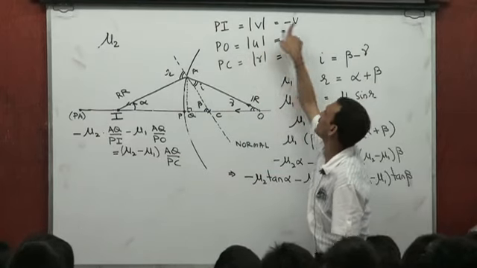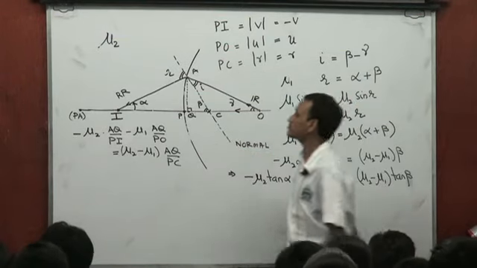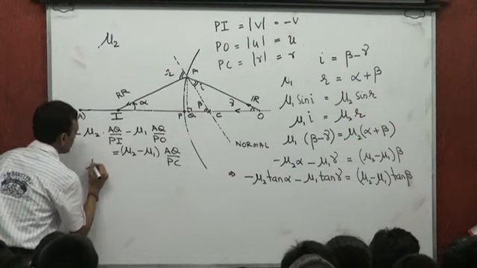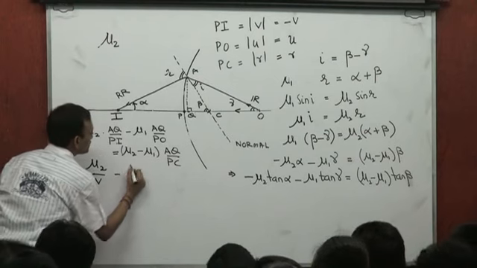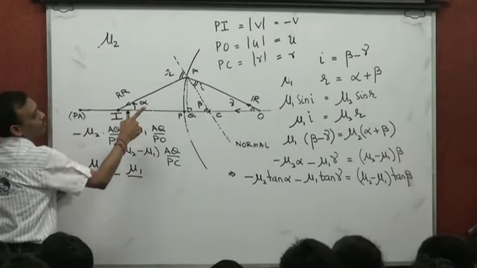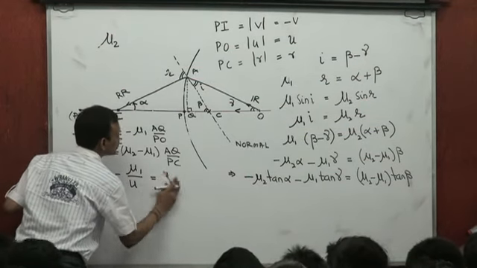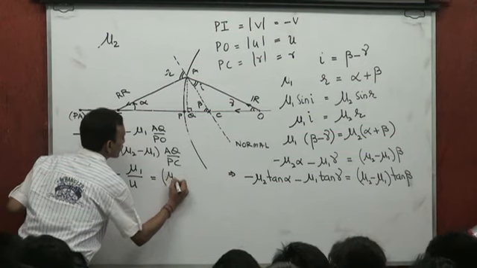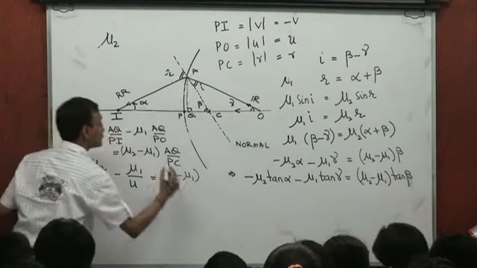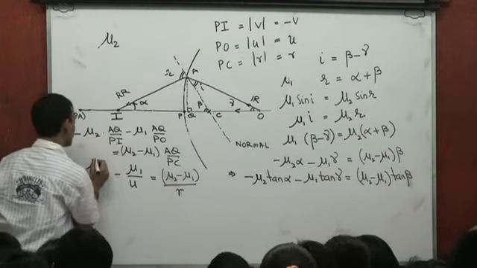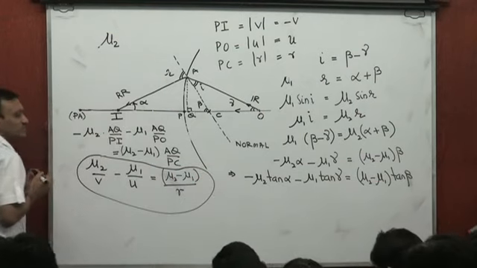So, plugging in, Pi is minus V, PO is U, and PC is R in this expression. You get mu2 by minus of minus V, minus mu1 by U, is equal to mu2 minus mu1 by R. This is the almighty relationship for refraction on spherical curved surfaces.